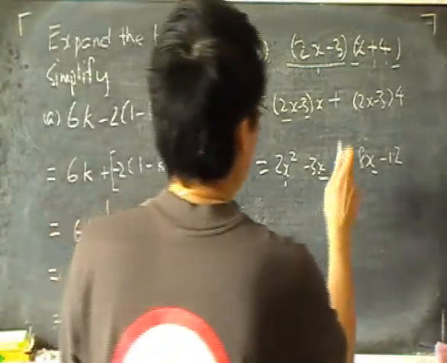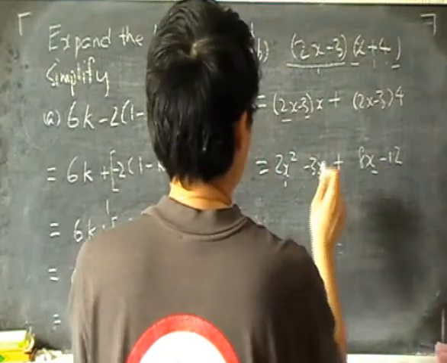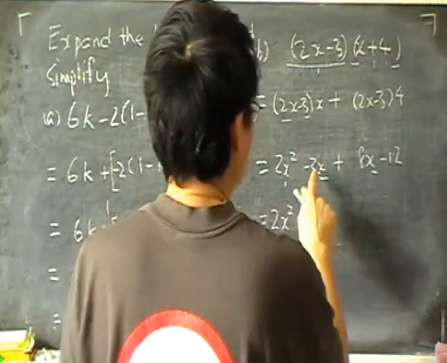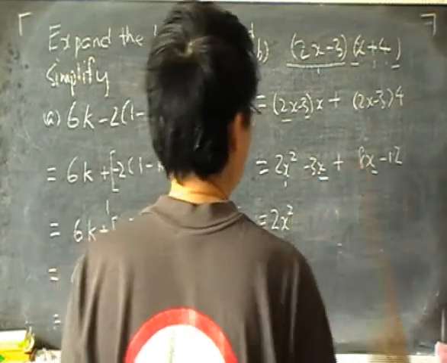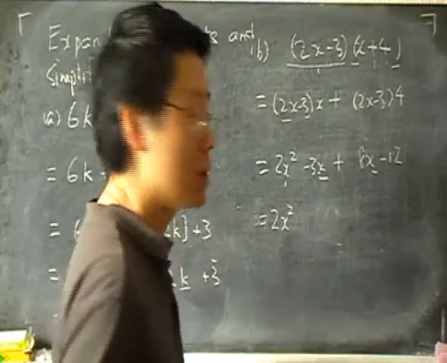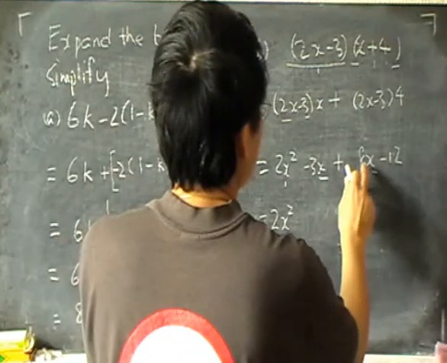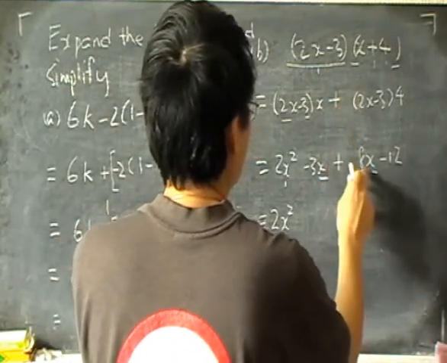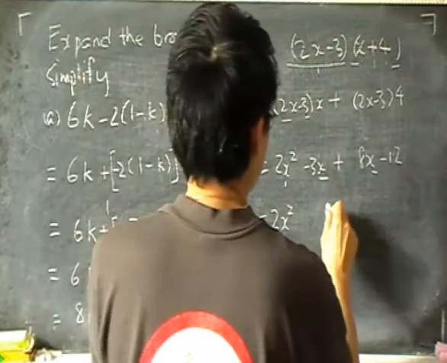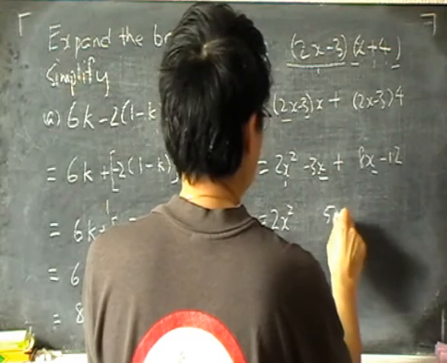Okay, now that we have found the two like terms, we can add them. Minus 3x plus 8x. It's like minus 3 apples plus 8 apples, right? And we should get 8 minus 3, which is 5x.